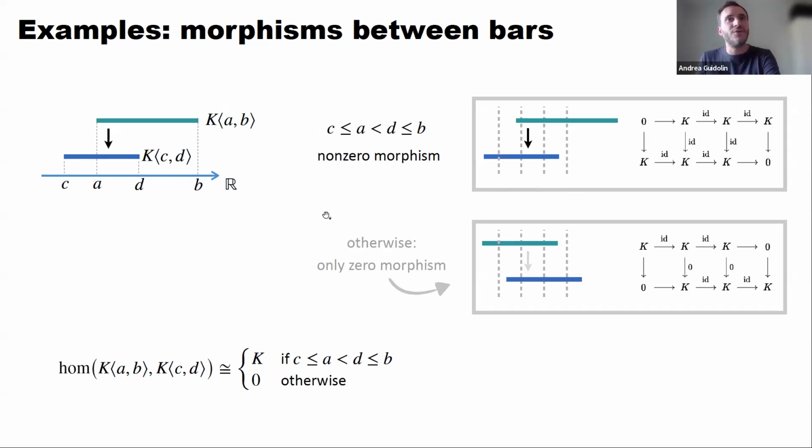If the two bars don't overlap in this way, we only have the zero morphism between the bars. So if the two bars overlap in this way, or if one is strictly contained in the other, we only have the zero morphism because commutativity of some squares forces the vertical maps to be zero.